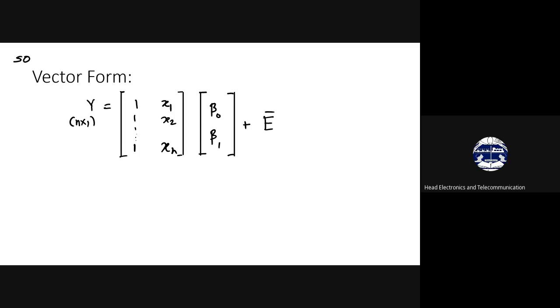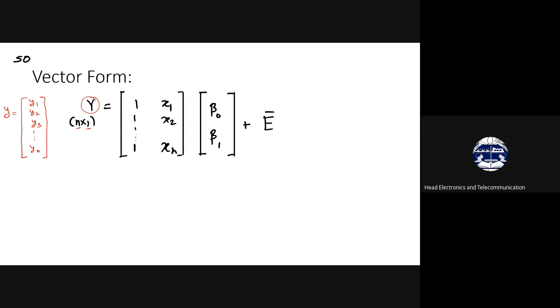So this y is the collection of all the y values available in my training set. So what is the dimension of this? There are n rows and 1 column.